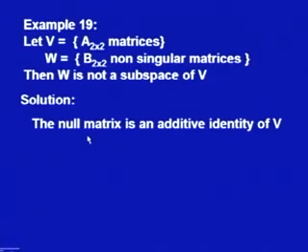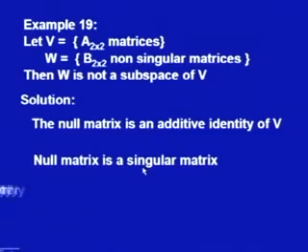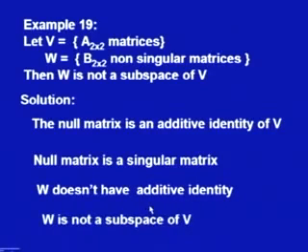The null matrix does not belong to W, because the null matrix has determinant 0, so it is a singular matrix. But W has to be a vector space in its own right, so the additive identity has to be there in W, and because of this reason W will not be a subspace of V. So, W is not a subspace of V.